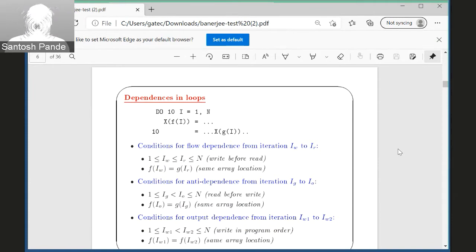I'll get into some examples regarding this. So again, we are interested in whether f of the write iteration and g of the read iteration become equal.